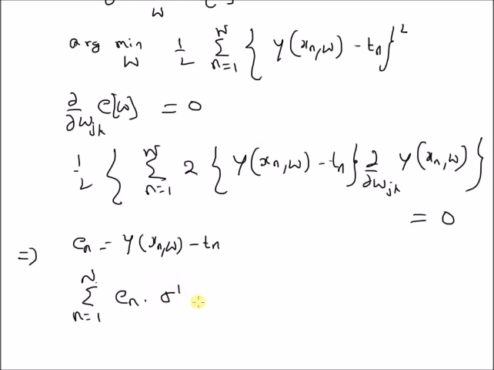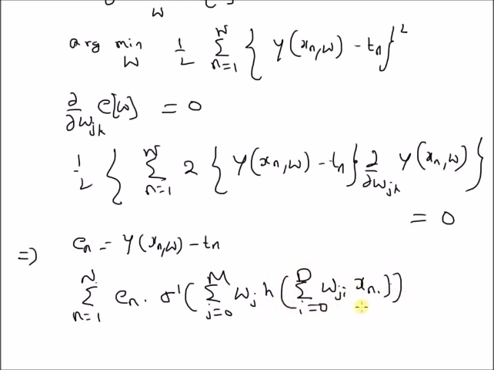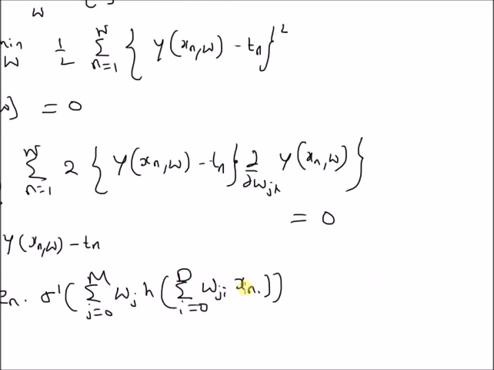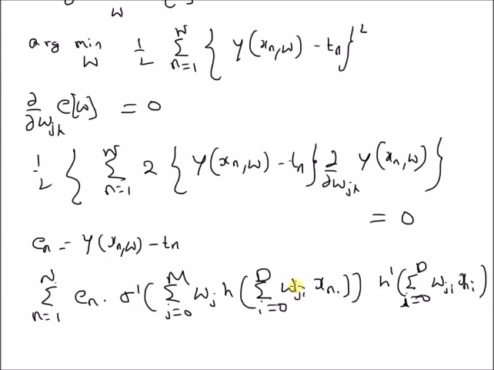This we have sigma dash of summation j equal to 0 to m wj h of summation i equal to 0 to d wji xni, into the derivative of this function, which is h dash of summation i equal to 0 to d wji xni, and the derivative of this sum is basically xnk. So this is equal to 0. This is the final equation for the weights wji.